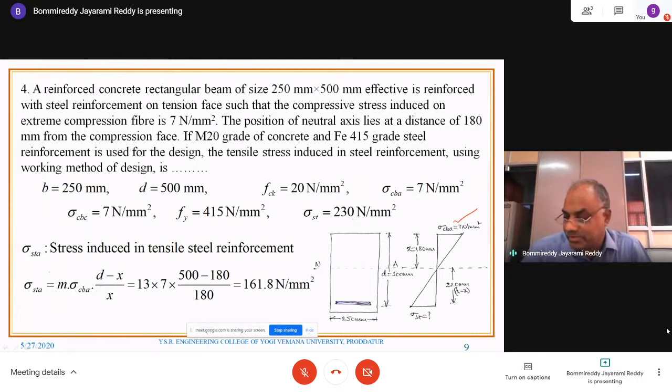So everything is known. You know this equation, we just completed discussion about it. Sigma ST, remember that. Just try to understand this diagram.